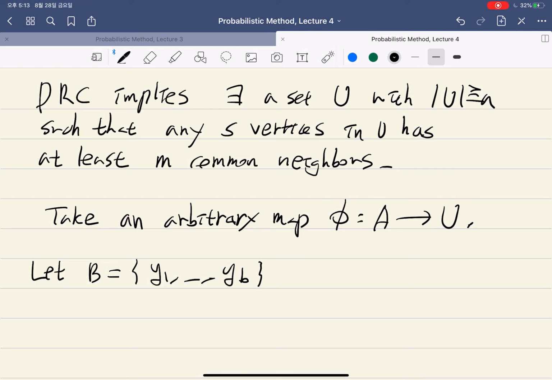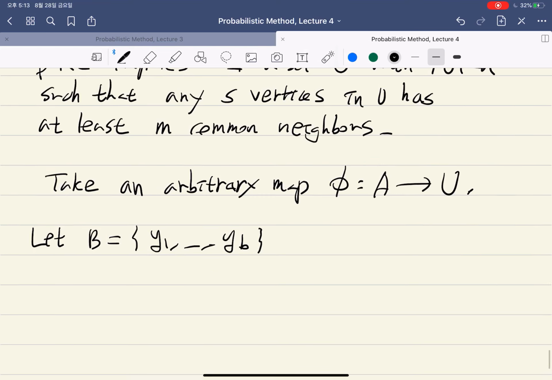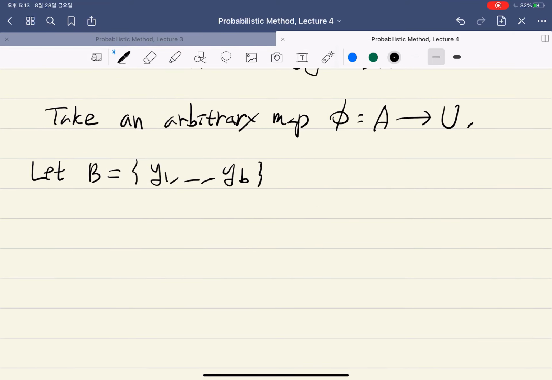And we want to embed them one by one, in order from y1 to yb.